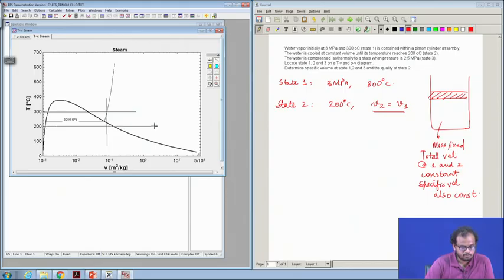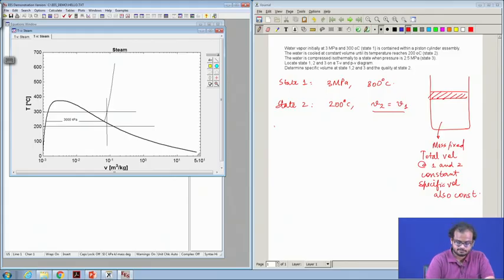So, we will reach a point which we expect to be in the two phase region, in the saturated dome. After this, it is compressed isothermally to a pressure of 2.5 megapascal. So, it will move along an isotherm. So, it will move along this line up until it reaches the 2.5 megapascal line.